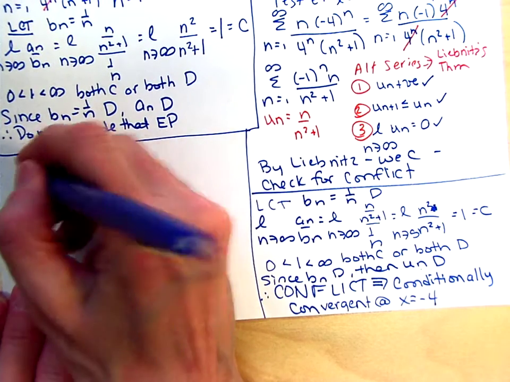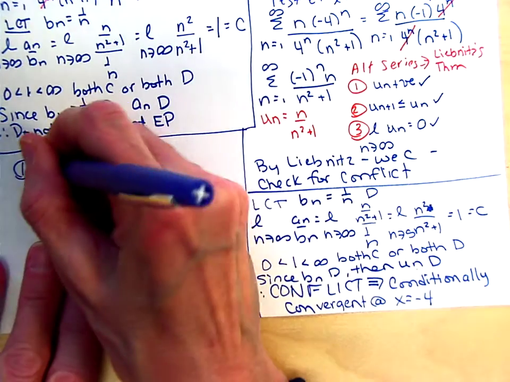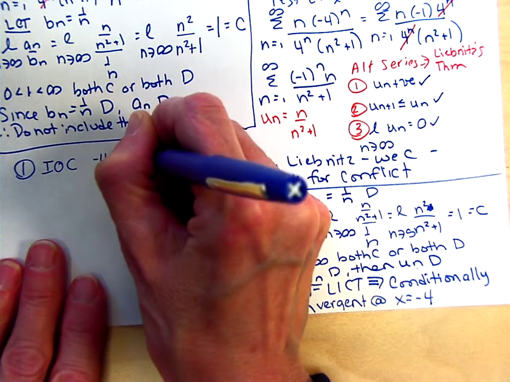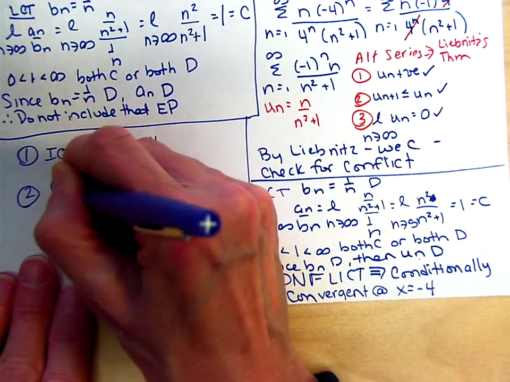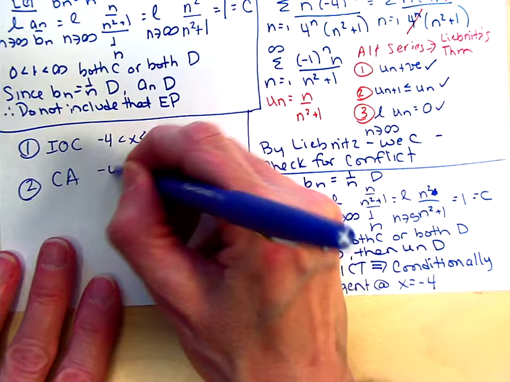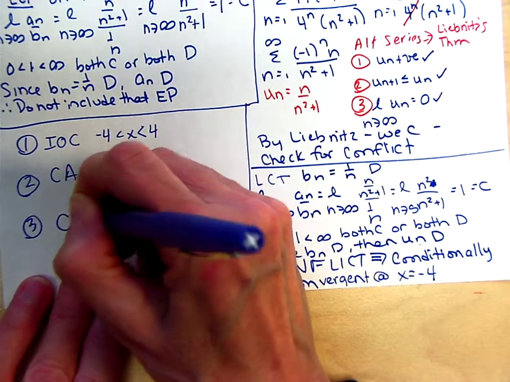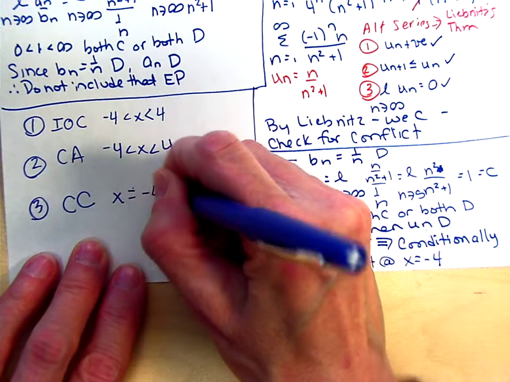Now we have to summarize. Our interval of convergence goes from -4 to 4. We converge absolutely from -4 to 4, and then we converge conditionally at the point x equals -4.